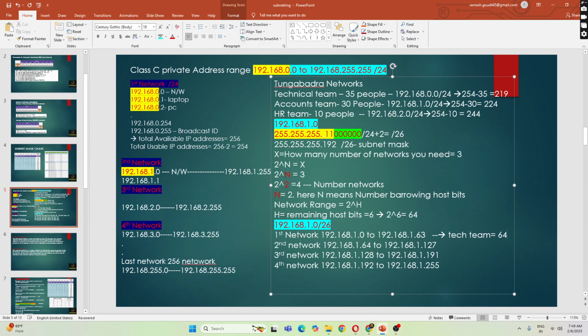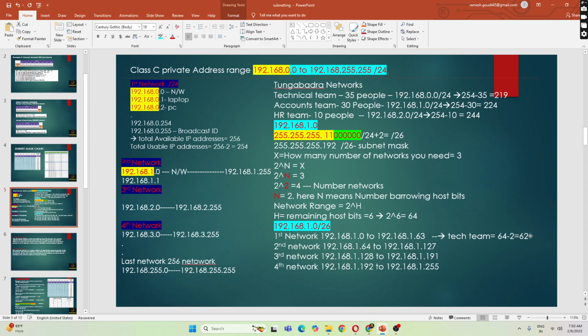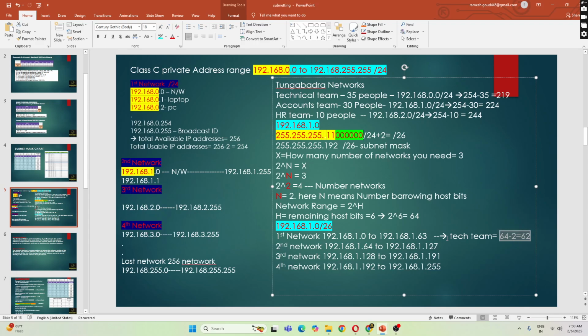But you don't use two, right? So usable IP addresses are 2 to the power of 6 minus 2, equal to 62. So how many do I need? I need only 35, but I have 62 here. So how many IP addresses have you saved? Almost 190 IP addresses you saved right here.